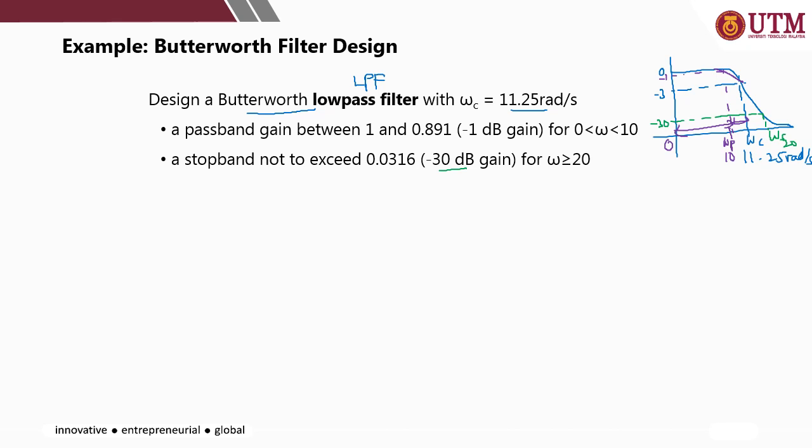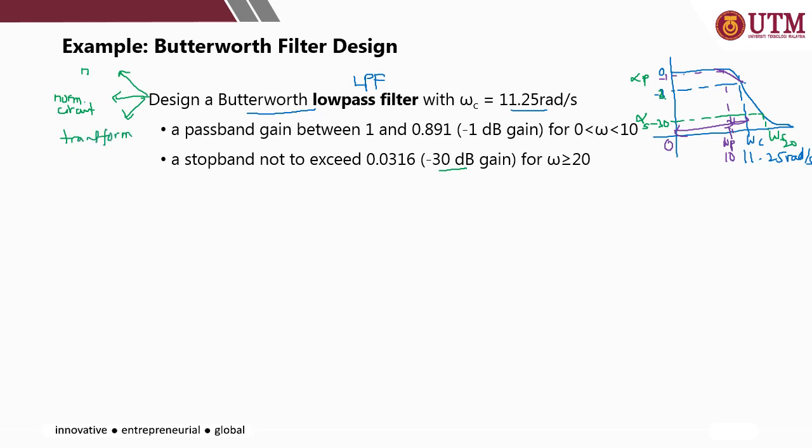This is your alpha s, and this is your alpha p, and this is your cutoff frequency value. So design a Butterworth. The steps to design: first you need to get the filter order number, and then get the normalized circuit, and then get the transformation.